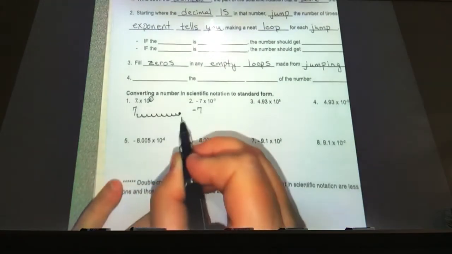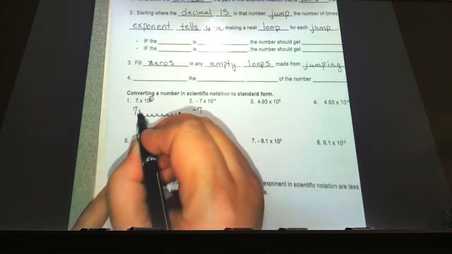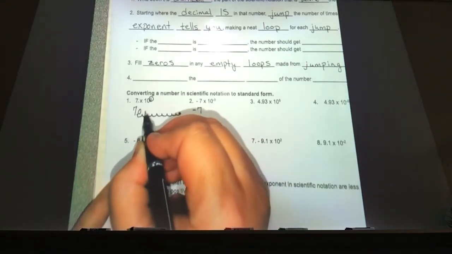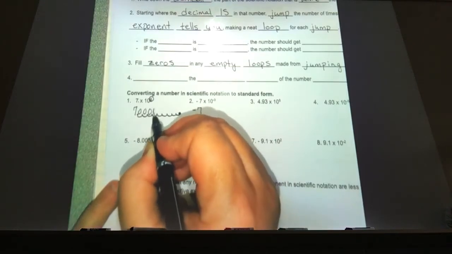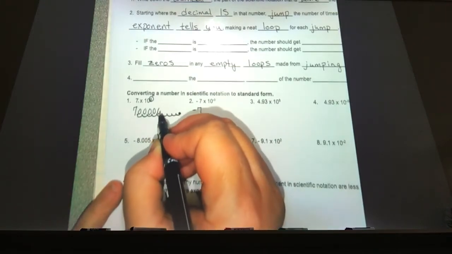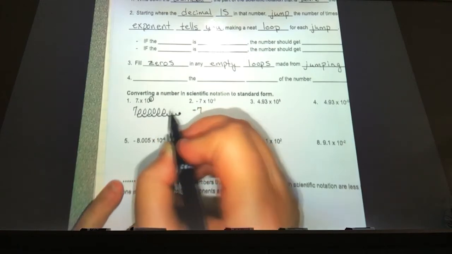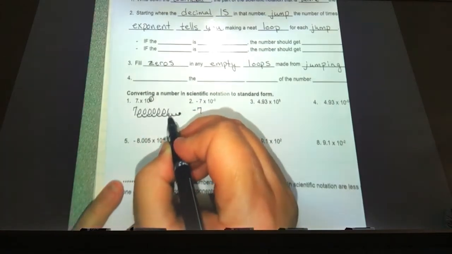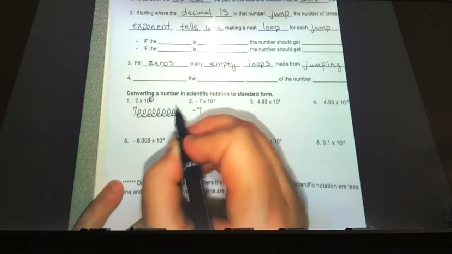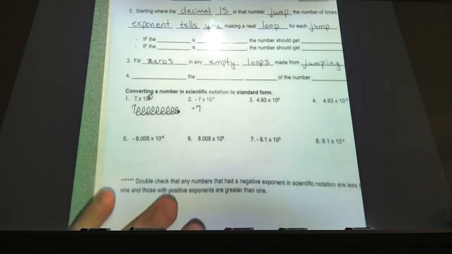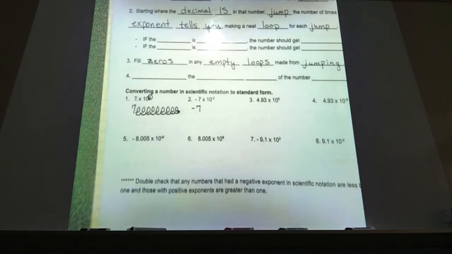Well, look at all these empty loops. So I need to put a 0. This is why you need to make your loops really neat, so you can see how many times you need to put zeros in. Some people think, oh, I need the number of zeros that there's the exponent. No, that is not the number of zeros. That's the number of jumps. Okay, so there I have it.